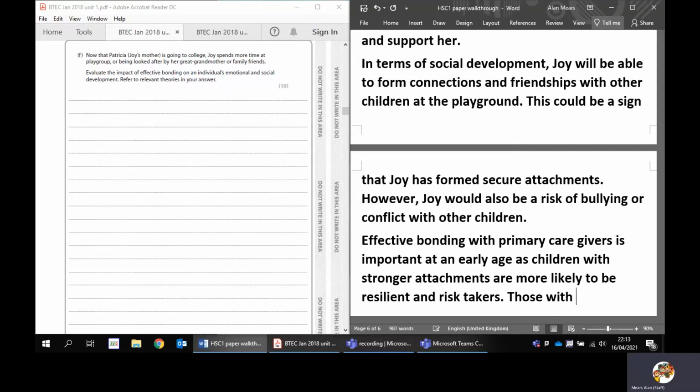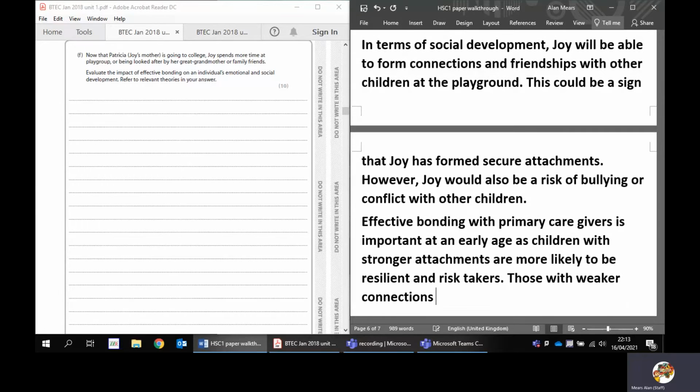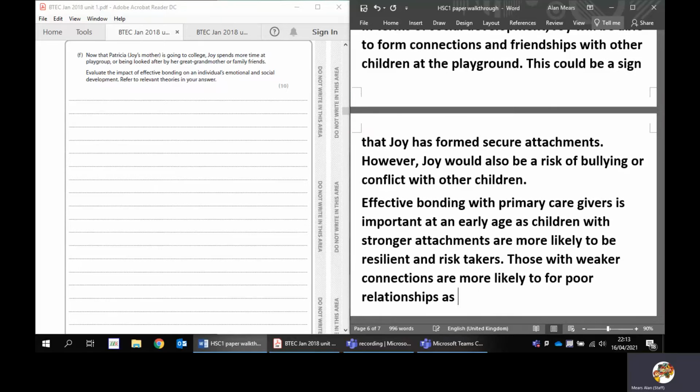Those with weaker connections are more likely to form poor relationships as adults. So there we go.